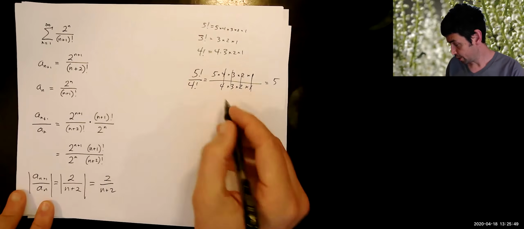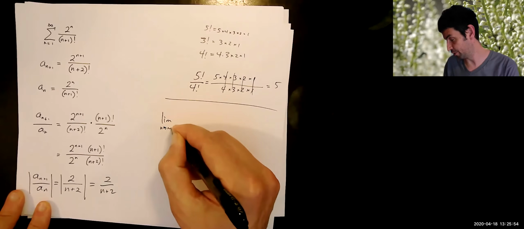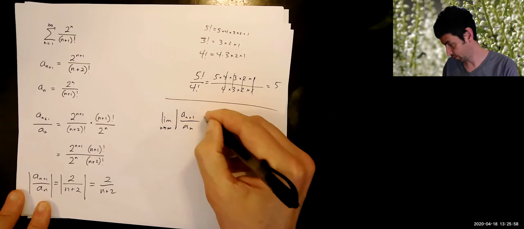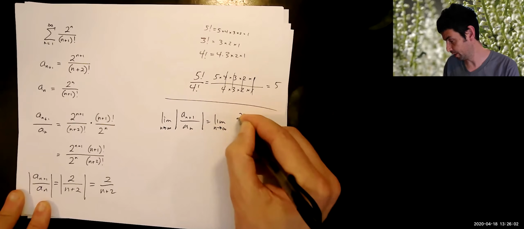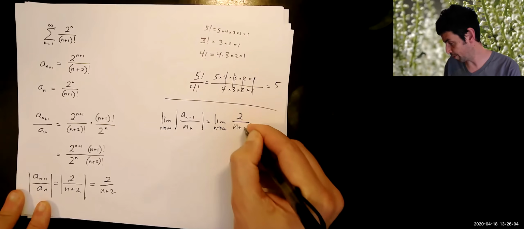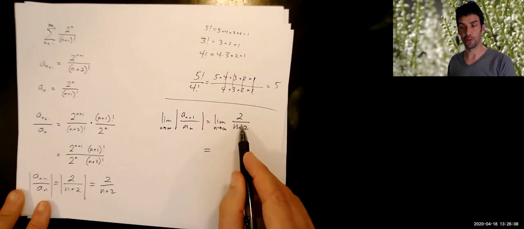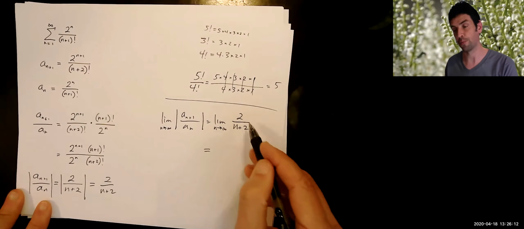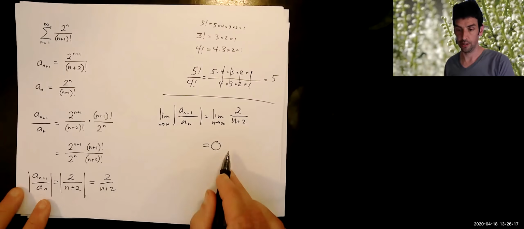So now we take the limit as n goes to infinity, which is just the limit as n goes to infinity of 2 over n plus 2. This is a pretty straightforward one. The denominator grows infinitely large, so this becomes infinitely small. In other words, the limit is 0.